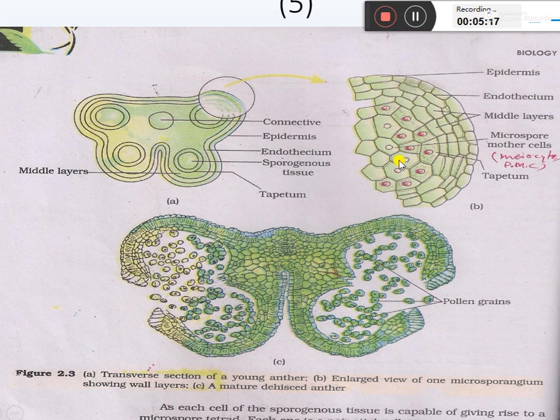Initially, the pollen mother cells or meiocytes or microspore mother cells are present in the sporogenous tissue. This will undergo meiosis to produce the microspores. Microsporogenesis.